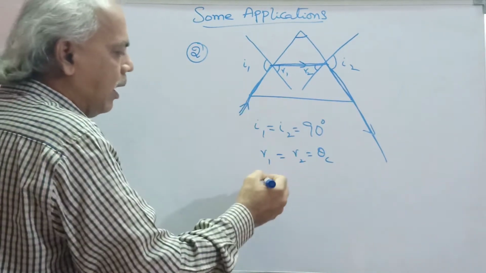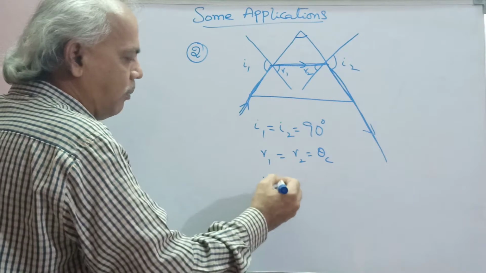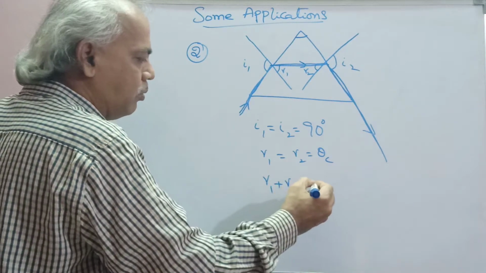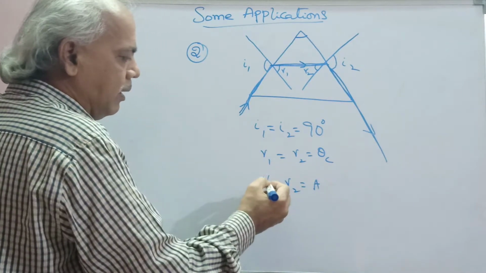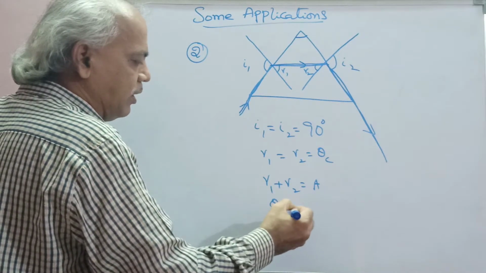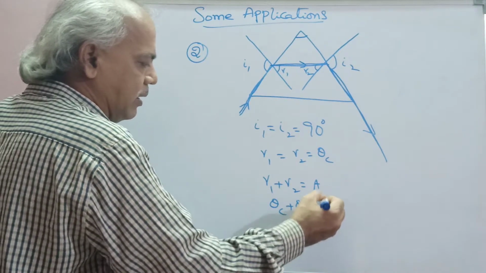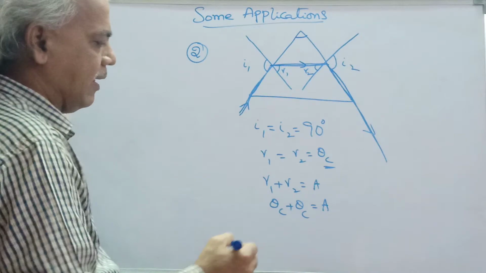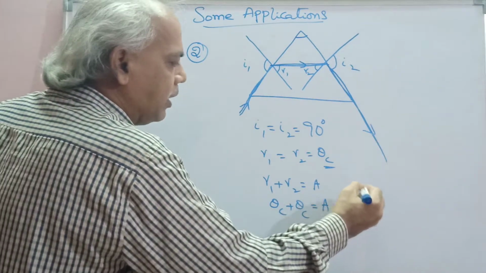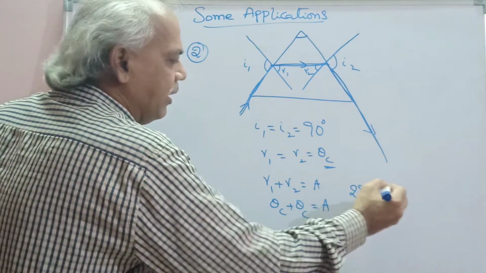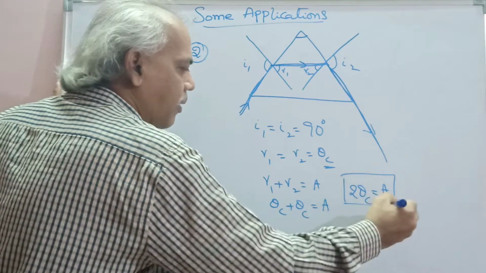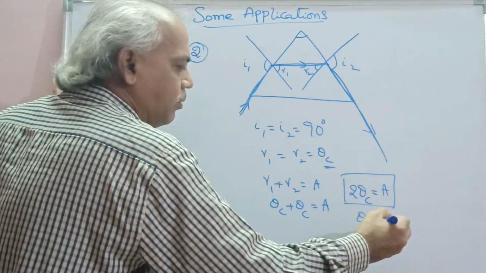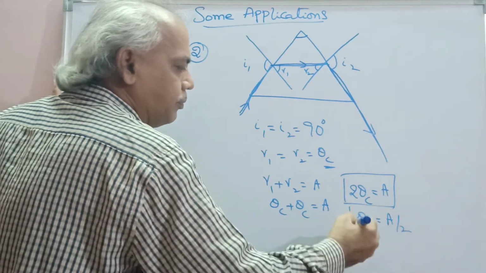We already know that R1 plus R2 is equal to A. Here theta c plus theta c, where theta c is the critical angle, so 2 theta c is equal to A. Theta c is equal to A by 2.